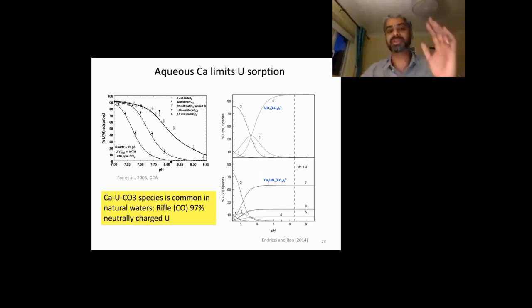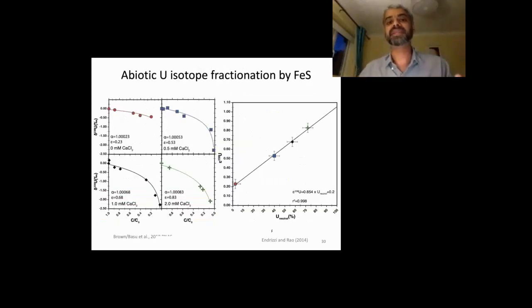So we used this idea and we systematically varied adsorption by adding calcium to our system. So we had 4 sets of experiments. First one, on the left panel here, the y-axis is showing the delta values, the x-axis is the fraction of reaction. This is the beginning of the experiment, end of the experiment, 100% reduction here.